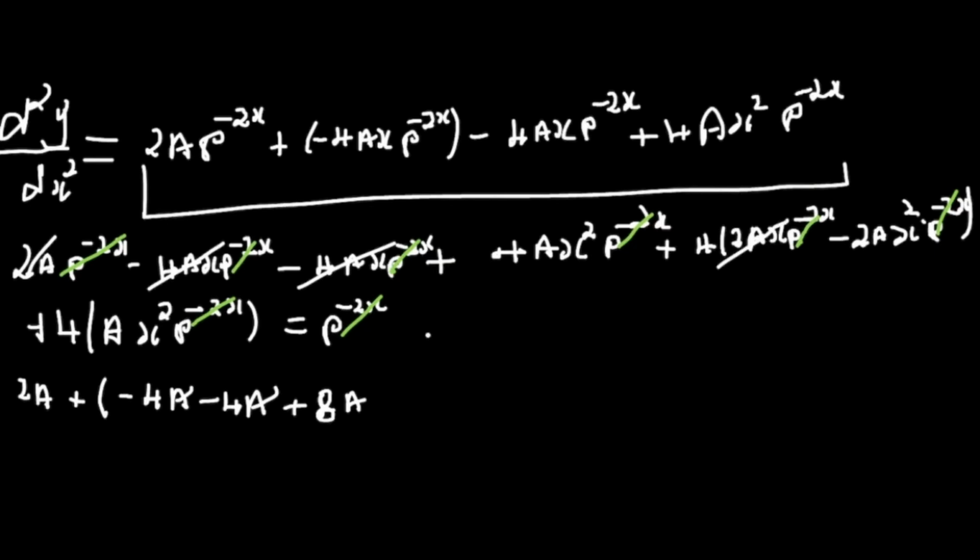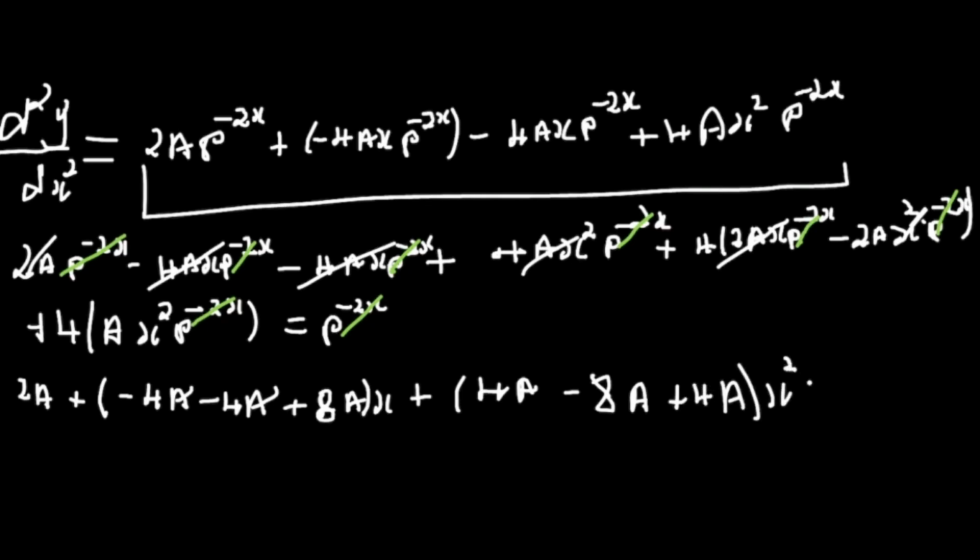And now all that x. So we're going to bring now our terms in x squared. So our terms in x squared will be 4a here, and minus 8a, we're done with that, and plus 4a. Now all that x squared equal to 1.